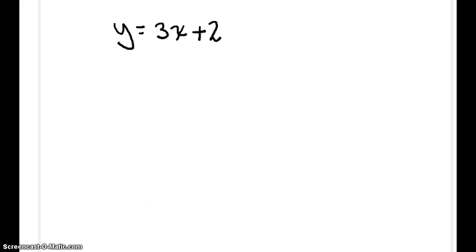Well, as we mentioned in class today, the slope-intercept form is when we write the equation y equals, and then we're left with x and the coefficient with the x, and then also the constant. So the form for that is y equals mx plus b, where m stands for slope.